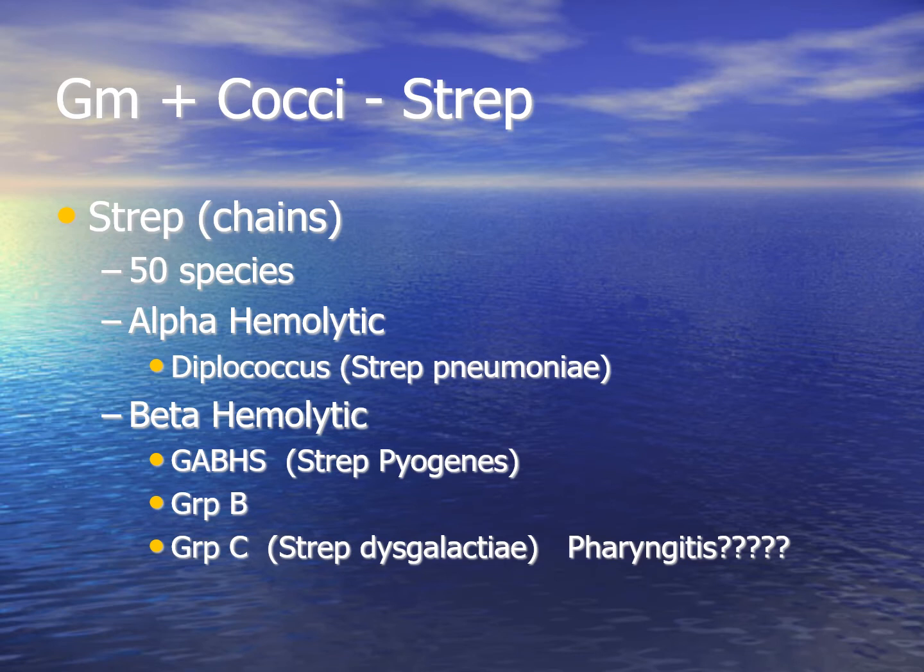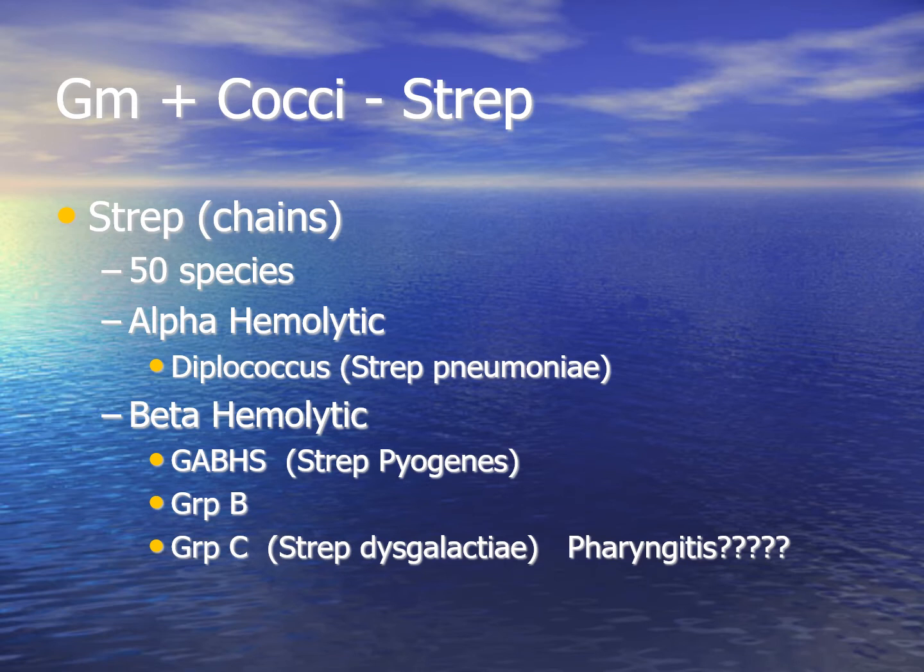Gram-positive cocci which occur in chains are strep. If it's just two, that's a diplococcus. That can be something like strep pneumo, which is a very common respiratory infection. That's the most common alpha hemolytic strep. Beta hemolytic streps, the most common are group A beta hemolytic strep, strep pyogenes, which is the organism which causes strep throat.